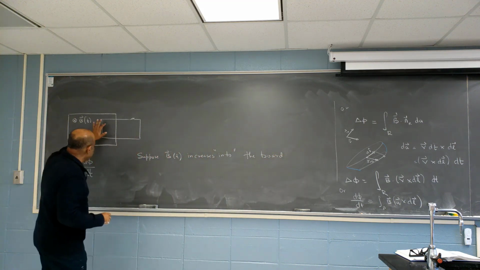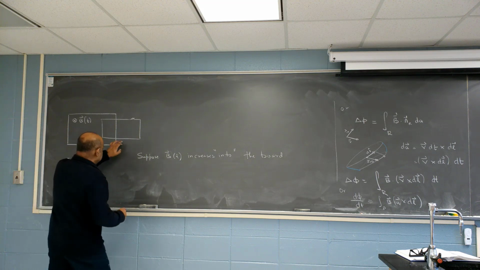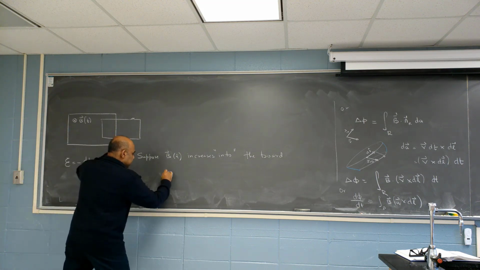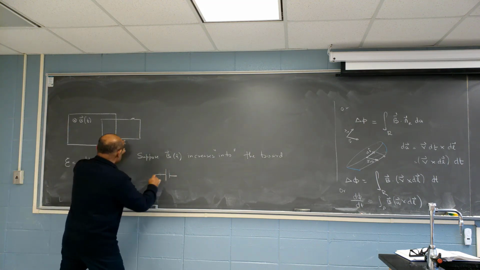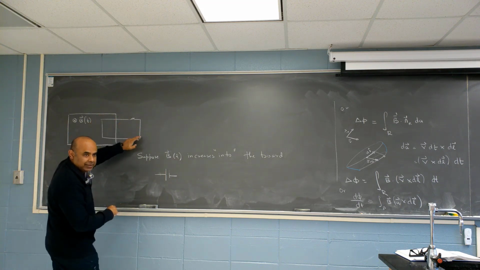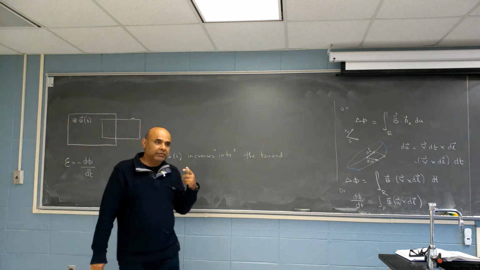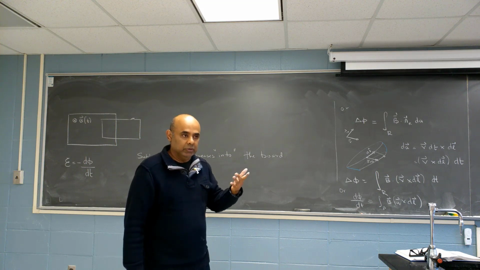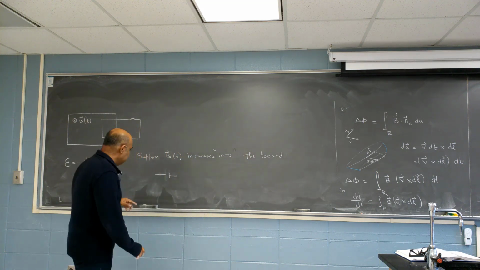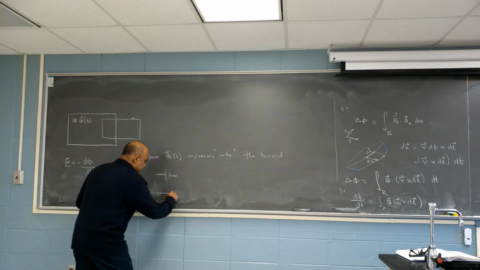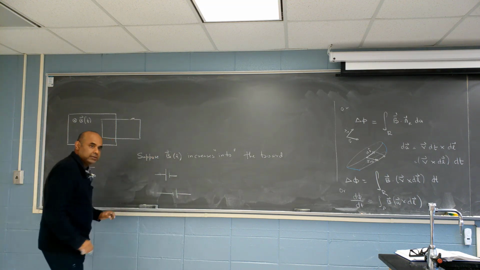I have two ways of inducing an EMF. The battery could be like this. That means the current flowing like this. You know, if you induce an EMF in a current-carrying wire, you're going to get a current. Or it could be like this.